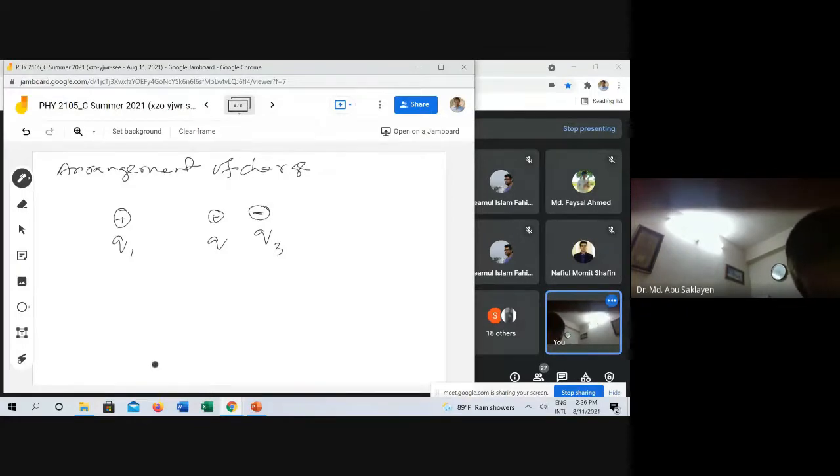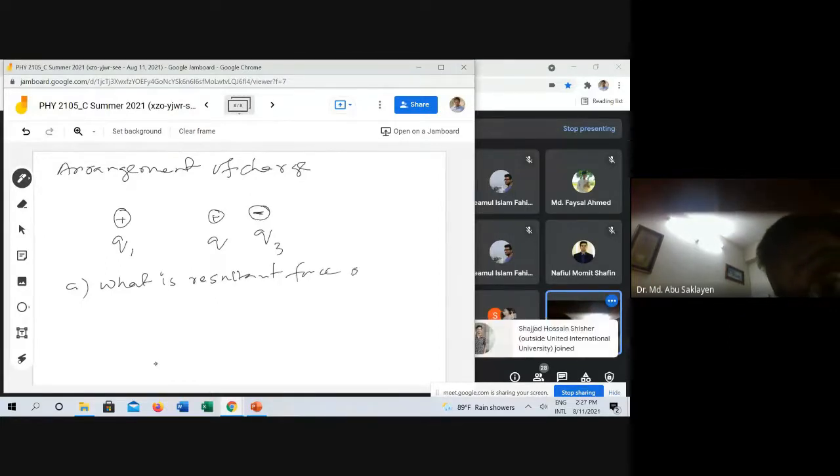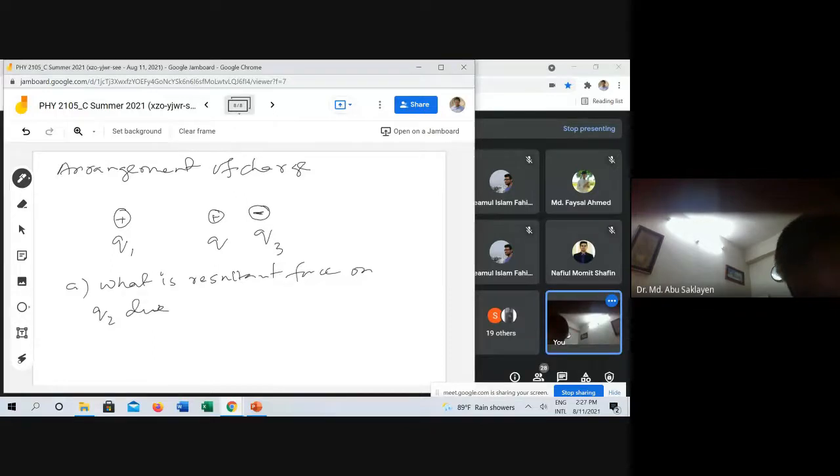First, on question A: what is the resultant force on Q1 due to Q2 and Q3?